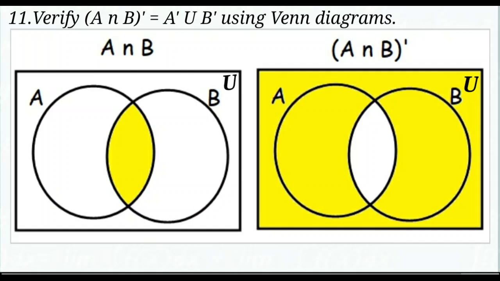So A intersection B means common part of A and B. So shading the common part of A and B, as shown in the figure. Then (A intersection B)': here shading universal set except A intersection B. That's all.